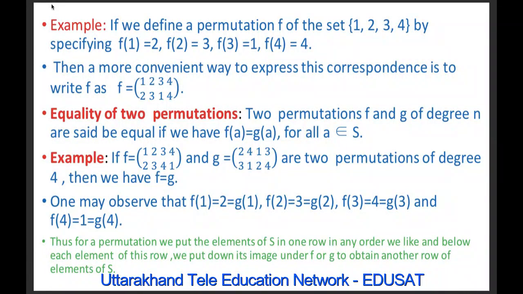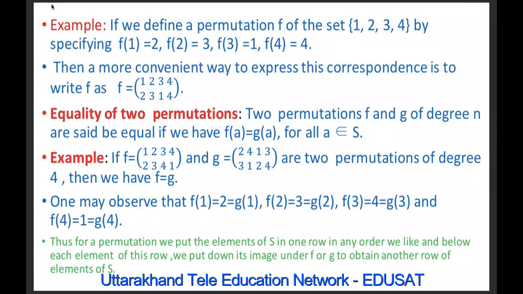Because the image of 1 is 2 under F, I have written 2 below 1. The image of 2 under F is 3, so we have written 3. The image of 3 under F is 1, so we have written 1 below 3. The image of 4 under F is 4, so we have written 4 below it. So the second line is 2, 3, 1, 4.